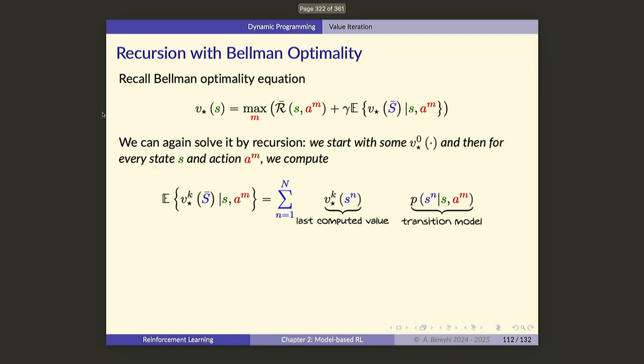And what we can do is, again, the iterative approach, right? You start with some values, as we did before. Your value function, we talked about it, is essentially just a table of numbers, and those numbers you are going to initialize with some values.